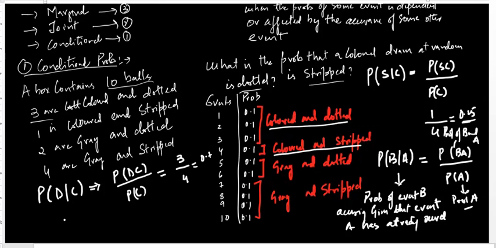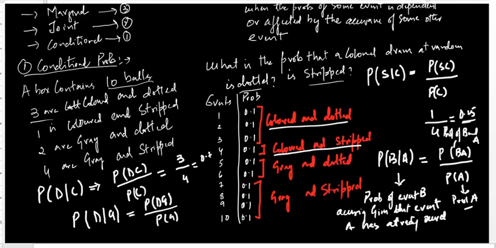So this is the way we calculate the conditional probability. Now let me take one more case. Say, for example, I'm given the probability of the dotted ball given it is gray. It will be calculated as the probability of dotted and gray ball occurring together divided by the probability of gray ball.